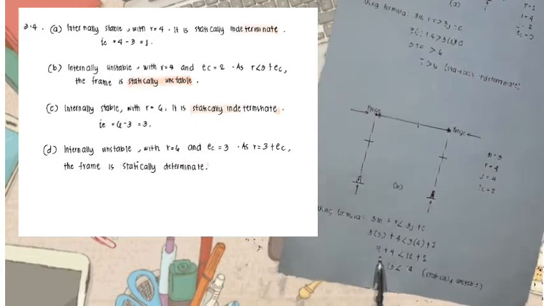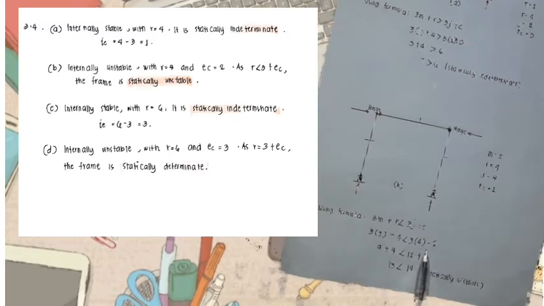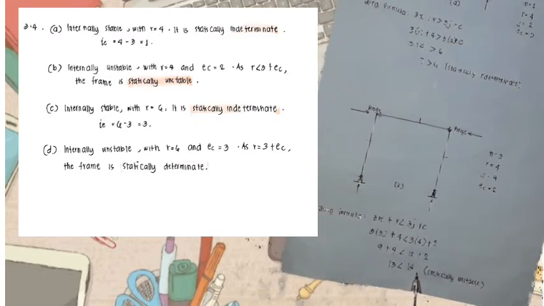So 3 times 3 is 9 plus 4, less than 3 times 4, 12, plus 2. Then 9 plus 4 is 13, less than 12 plus 2 is 14. So this is statically unstable.